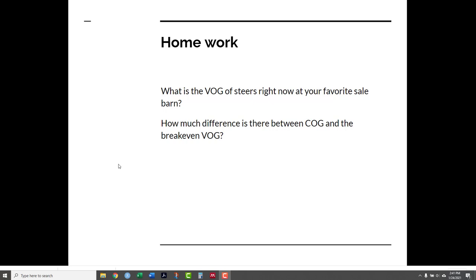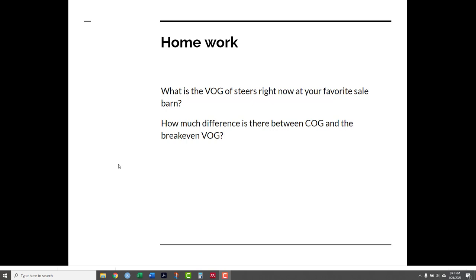And going through that formula I showed you, you could calculate the value of gain of those 300 pounds from a 500-pound steer to an 800-pound steer. You could calculate what the value of that gain is today, right? You can use any market report that you want to do that.